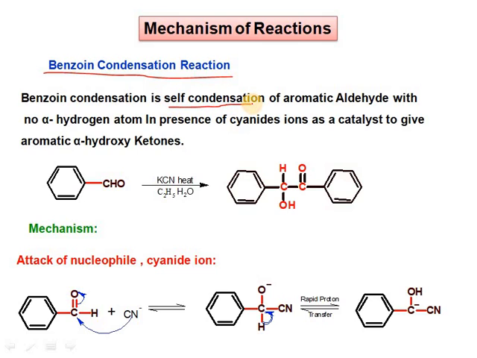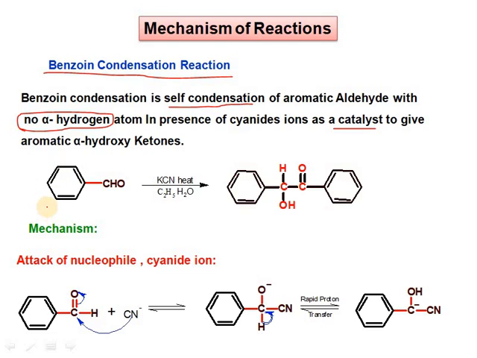Two molecules of aromatic aldehyde, very important, with no alpha hydrogen, undergo benzoin condensation, a self condensation of aromatic aldehyde with no alpha hydrogen atom in the presence of cyanide ions like potassium cyanide as a catalyst, and it gives an aromatic alpha hydroxy ketone. This is called the benzoin condensation reaction.